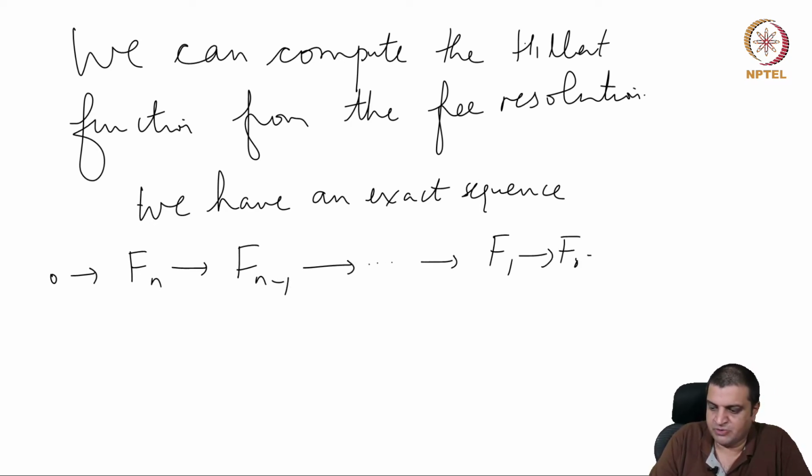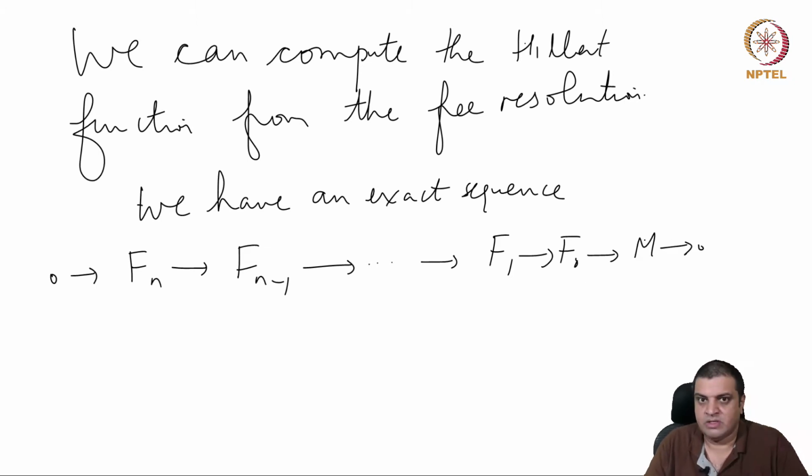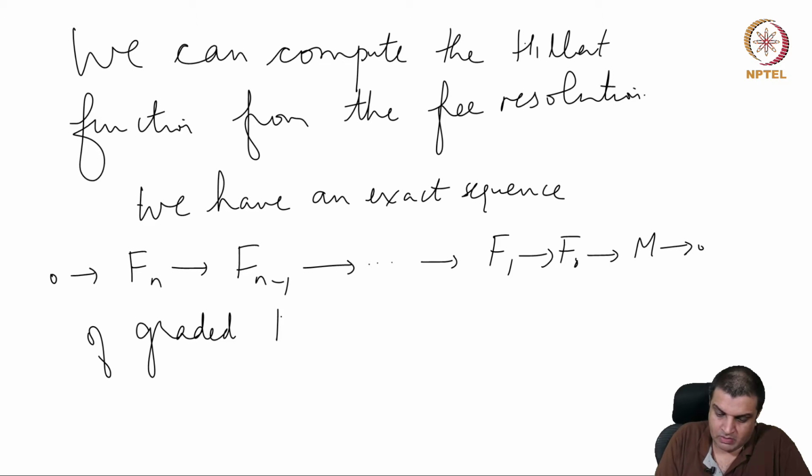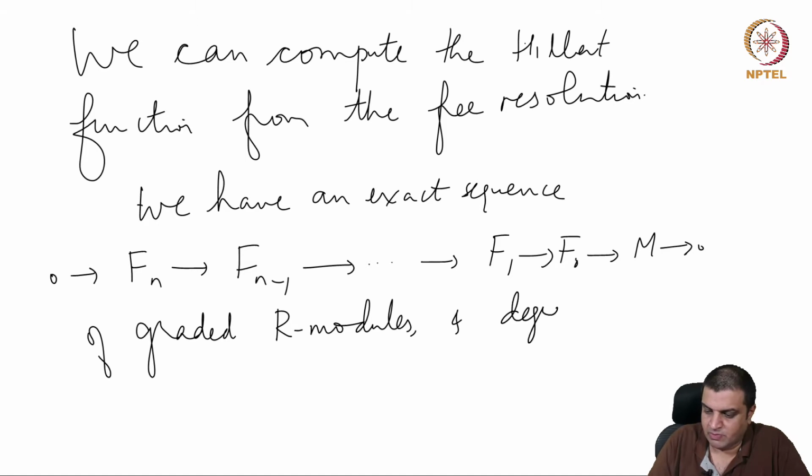Then F_1 to F_0 to M to 0. So we have a free resolution, and then we augment it with this module M. So this is an exact sequence of graded R-modules and degree preserving maps.